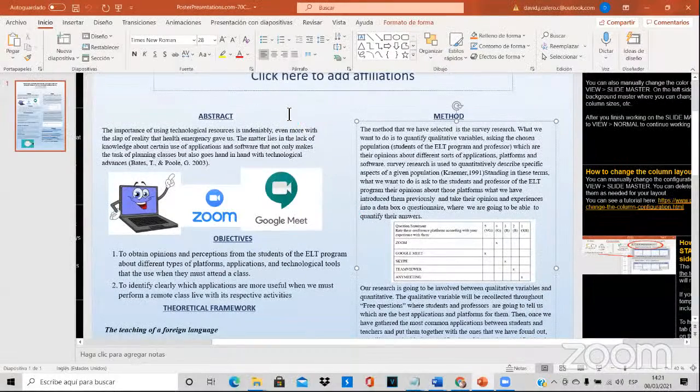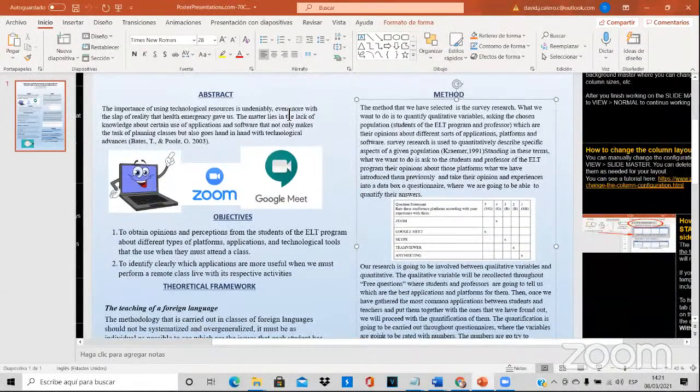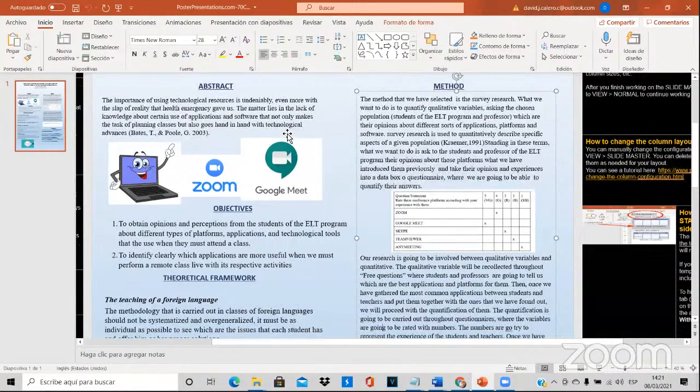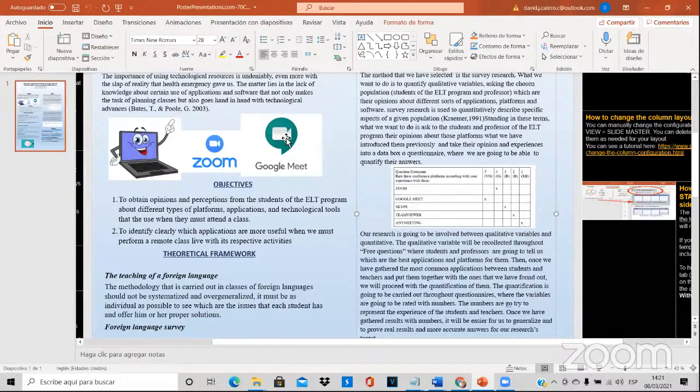I would like you to clarify the first point, the first objective. It says to obtain opinions and perceptions. I would like you to explain, is it a research objective? I consider that it is, because of what is next.